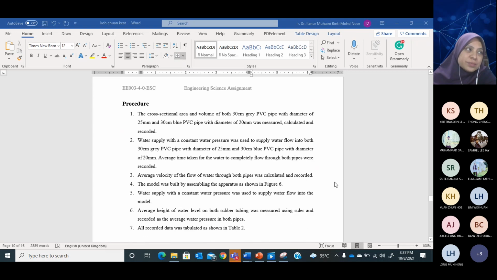So, procedure. The cross-sectional area and volume of both the 30 cm grey PVC pipe with diameter of 25 mm and the 30 cm blue PVC pipe with diameter 20 mm was measured, calculated and recorded. Water supply with a constant water pressure was used to supply water flow into both.